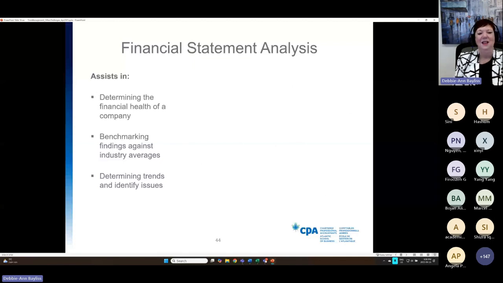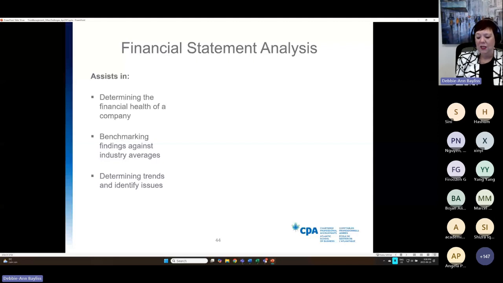Financial statement analysis allows you to determine the financial health of a company. If they give you industry averages, you're going to calculate how the company performs against the industry. If they give you more than one year, it's talking about the trends. Is it improving?